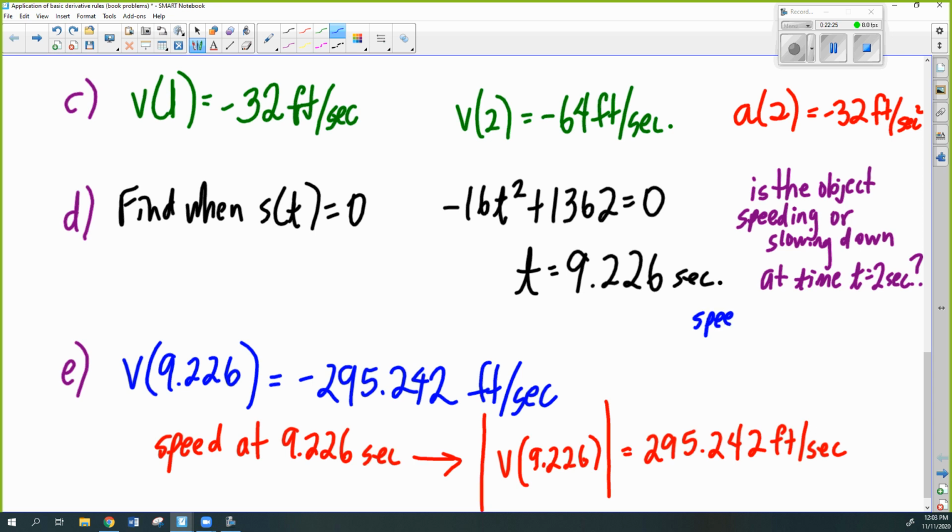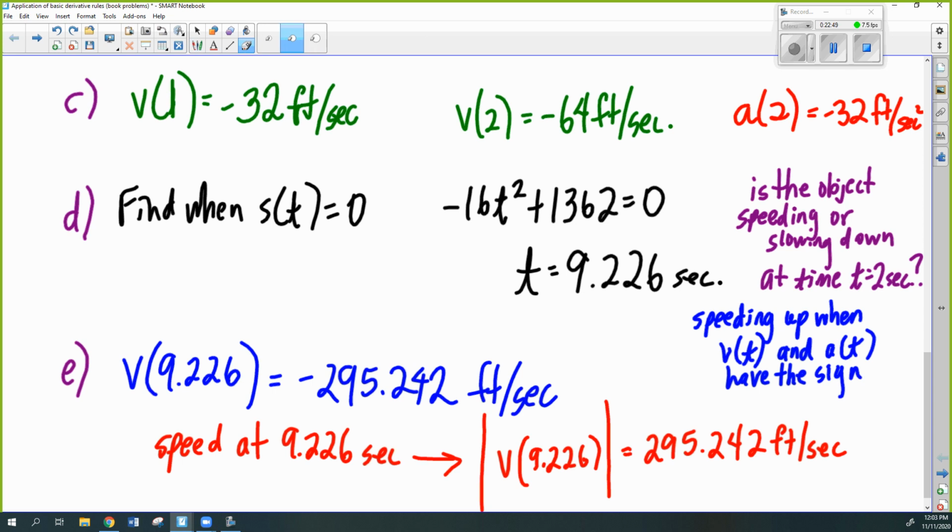We know that it'll be speeding up when velocity, so I'm just saying v of t, and acceleration have the same sign. Whoop, skipped a word. Have the same sign.